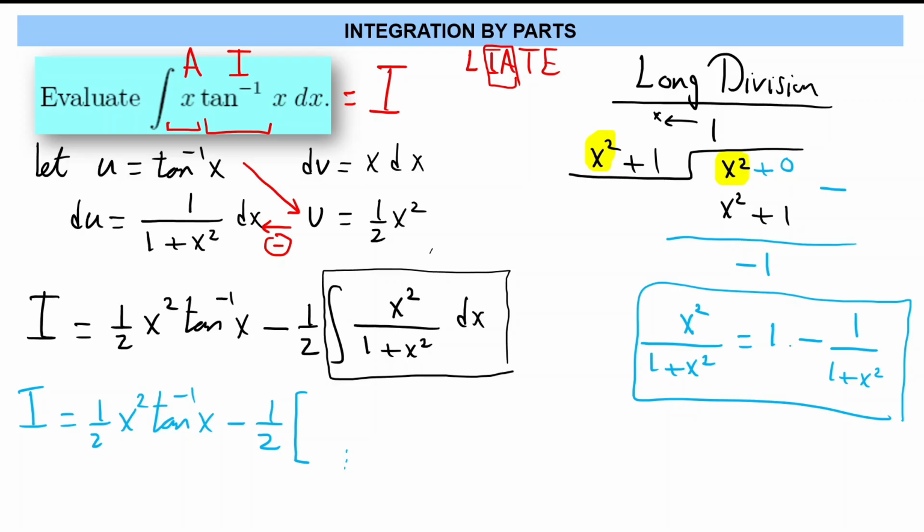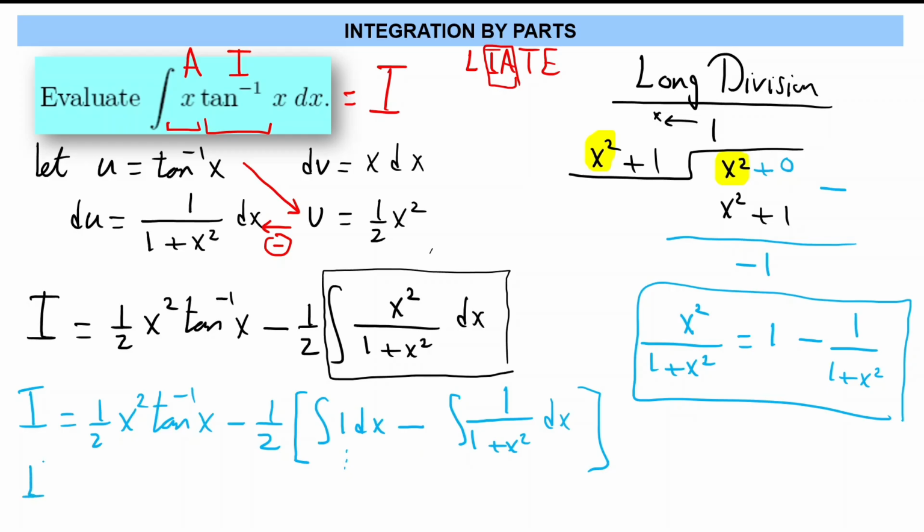So these two terms: the integration of 1 dx minus the integration of 1 over 1 plus x squared dx. Okay, now look at the result here. Is it easy? The integration for 1, we know it. The integration for 1 over 1 plus x squared, we know it. It's tan inverse. So I'm almost done.